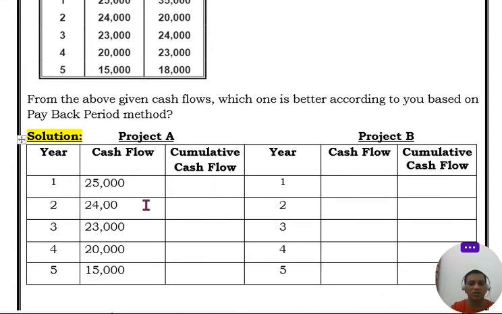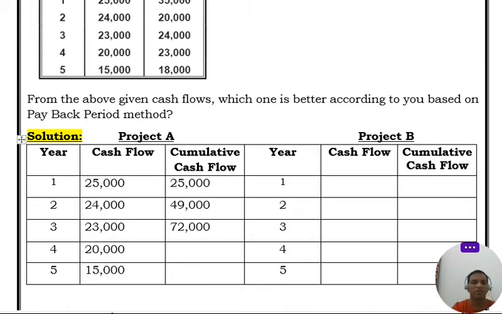Cumulative, as I just told you. First year is the same as it is. Second year cumulative means first and second cash flow together: 25 plus 24, 49,000. Third year cumulative means cash flow of year 1 plus year 2 plus year 3, that is 72,000.